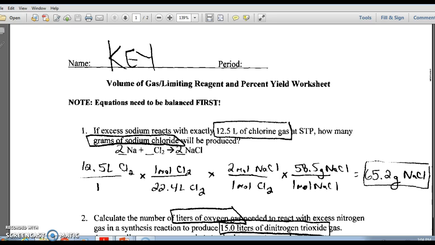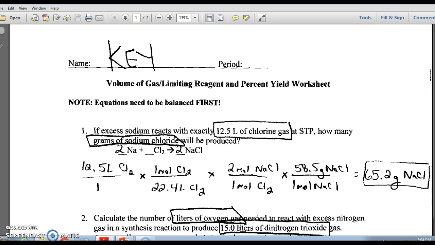So since chlorine is a gas, and since chlorine is measured at STP, that information allows us to use the ratio of 22.4 liters equivalent to 1 mole in order to get to the heart of chemistry, to get to the moles. So we divide by 22.4 liters since we're starting with liters. So now we're at the heart of chemistry, just like we've been all along in the other mass and molecule problems.